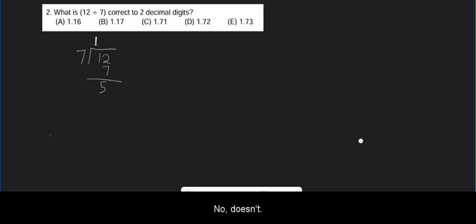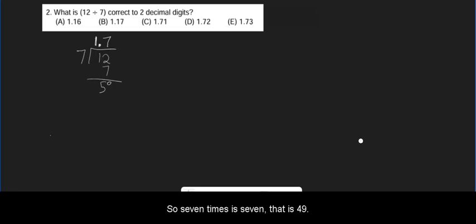No, it doesn't. So we have our dot there. Now we add 0 there. Okay, that is 50. Does 7 go into 50? Yes, it does. How many times? I know it does go into 49. It goes 7 times.